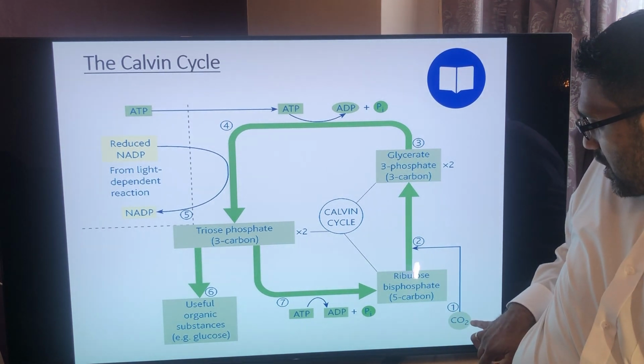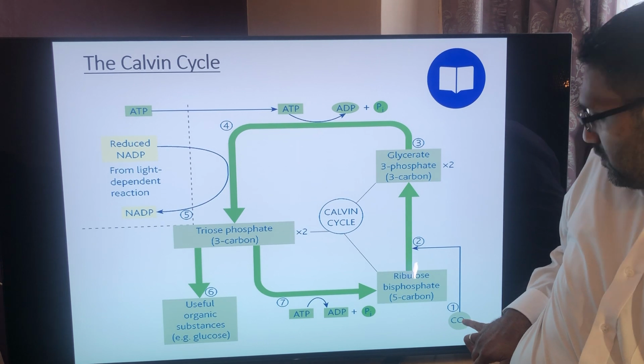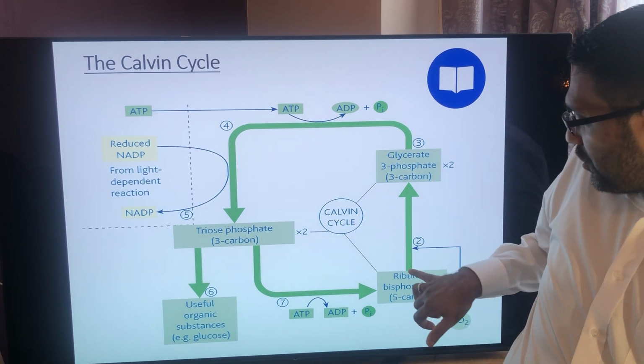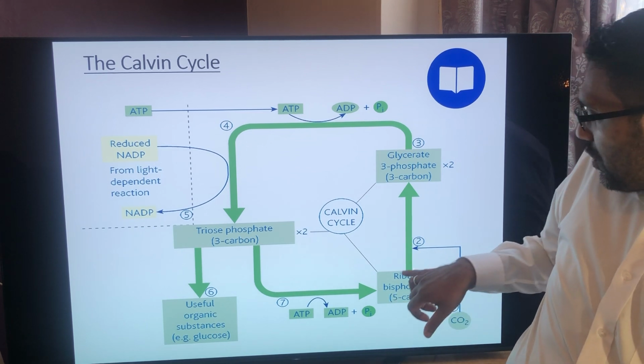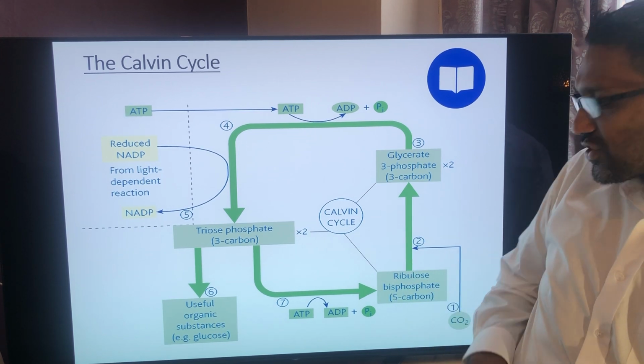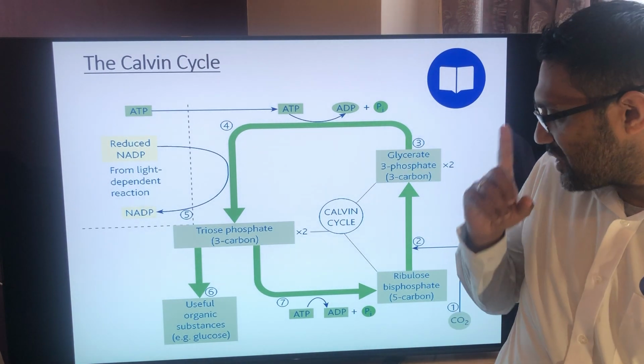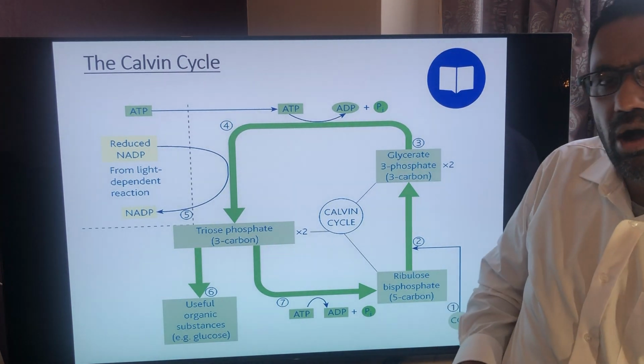Here is our carbon dioxide molecule. So there's the CO2. Now, you've got this compound called ribulose bisphosphate, and if you notice, it's a 5-carbon compound. So it's an organic compound with 5 carbons in there.